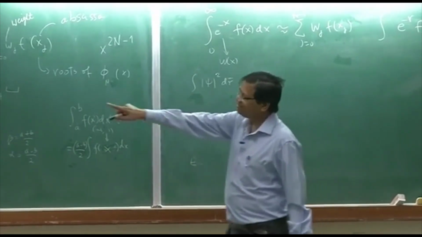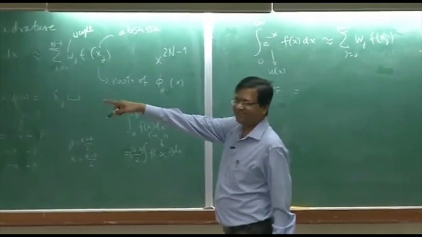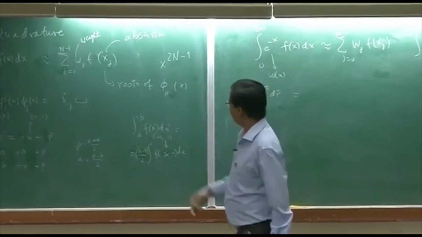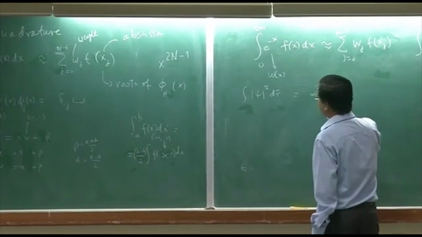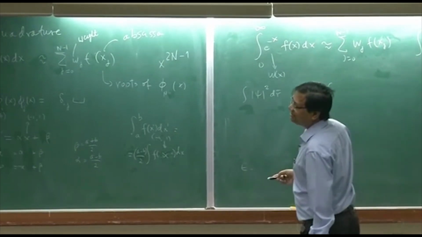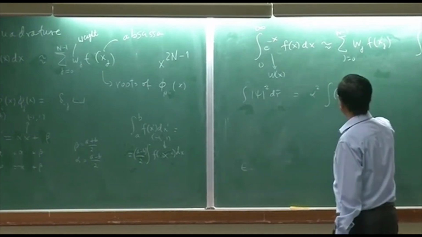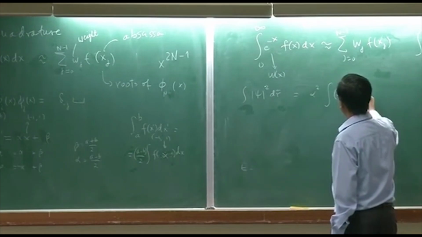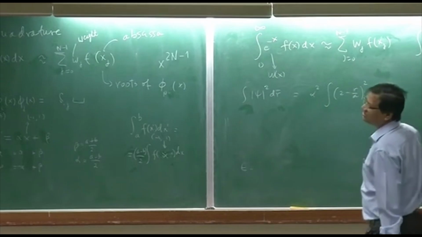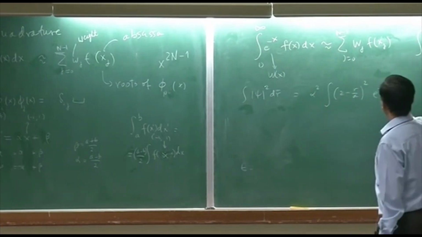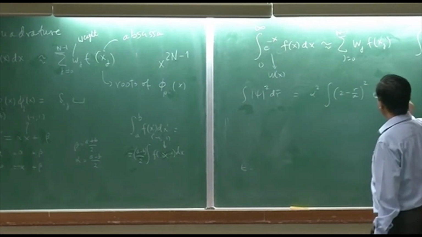There are factors in front, where a is the Bohr radius. Let us call the prefactor alpha squared. Inside, the r dependent part is 2 minus r by a, whole squared, times exponential of minus r by a, squared.